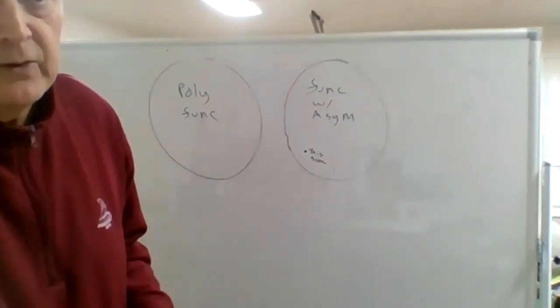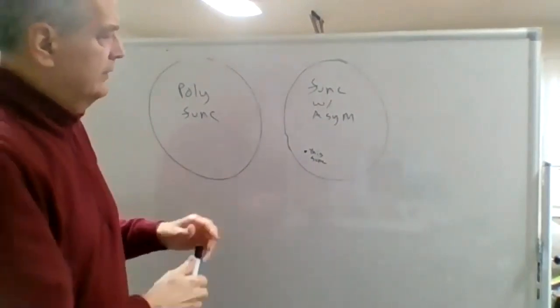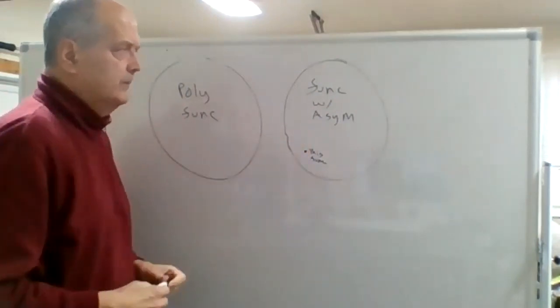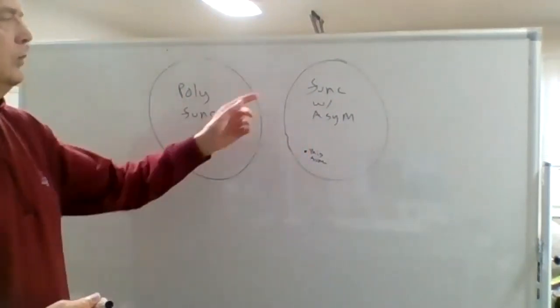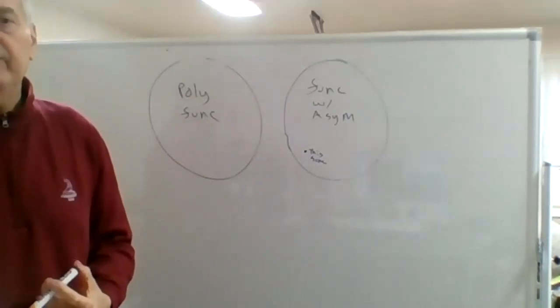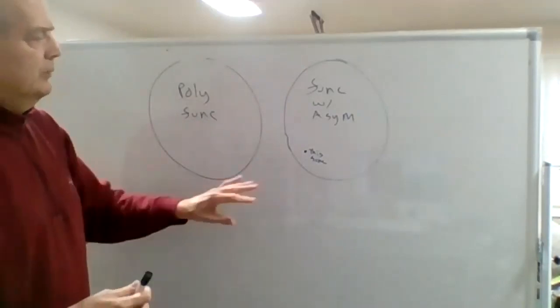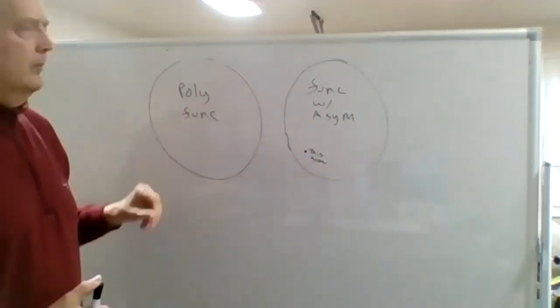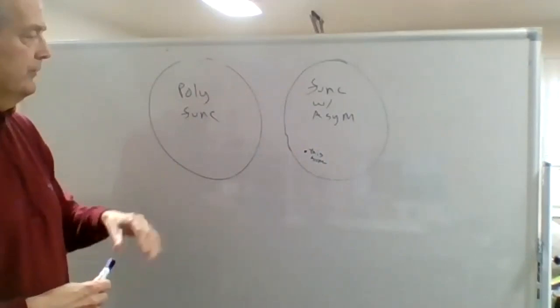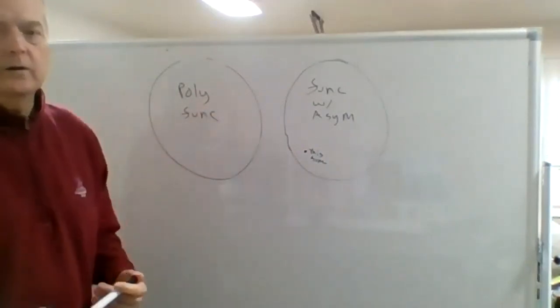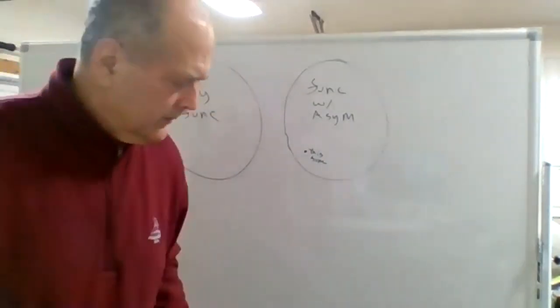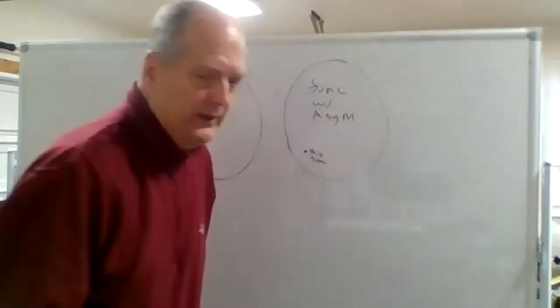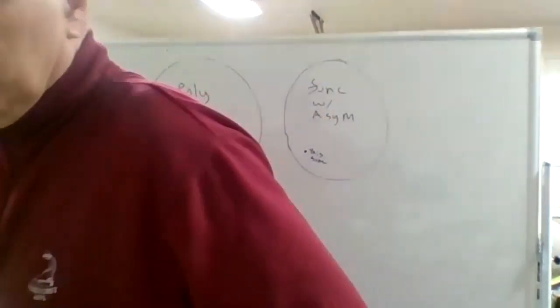Our particular function has a horizontal asymptote, so it is in this circle with the functions that have asymptotes. So we can see that our function is not a polynomial function. It's not in any part of that circle. So diagrammatically, we get a more intuitive sense of the validity of an argument.